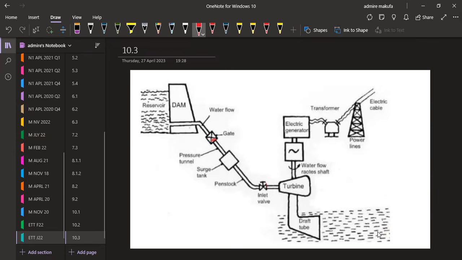Then from this part, that is where we are having our electric cable from the power lines to the transformer. This part is our draft tube, the turbine, the water flow, and the electric generator. So these are the major parts that you're supposed to be showing to obtain full marks in this case.